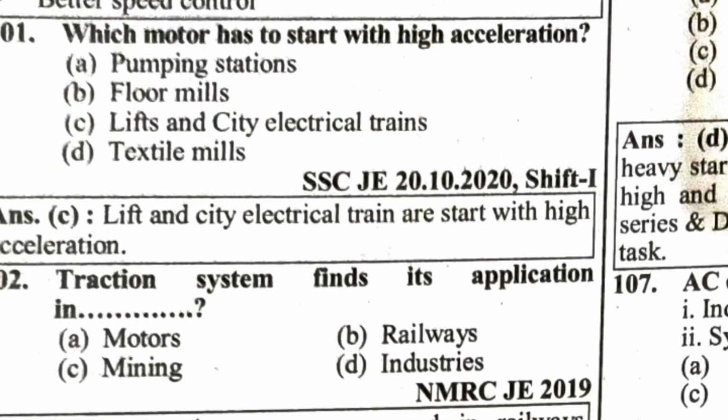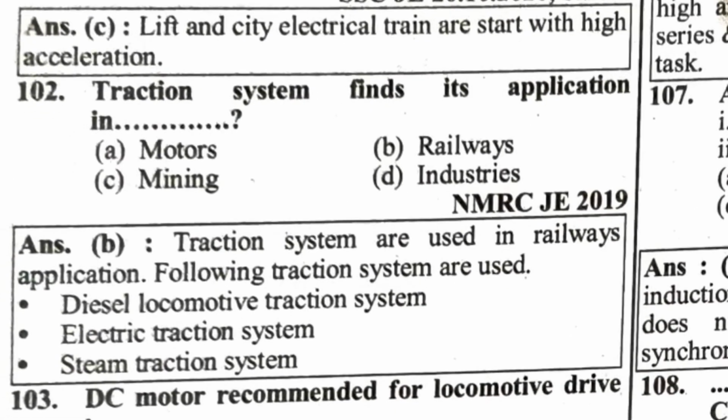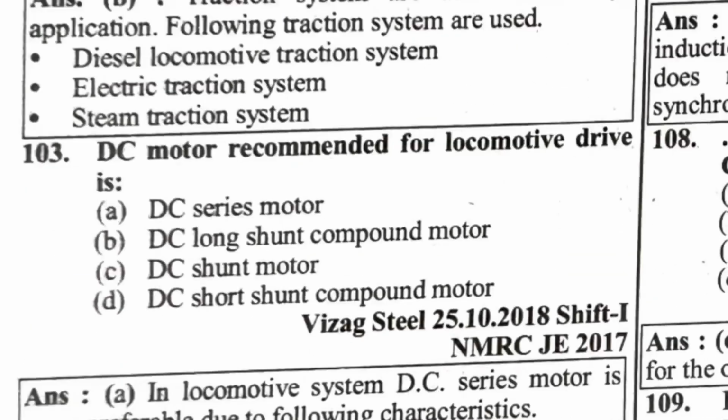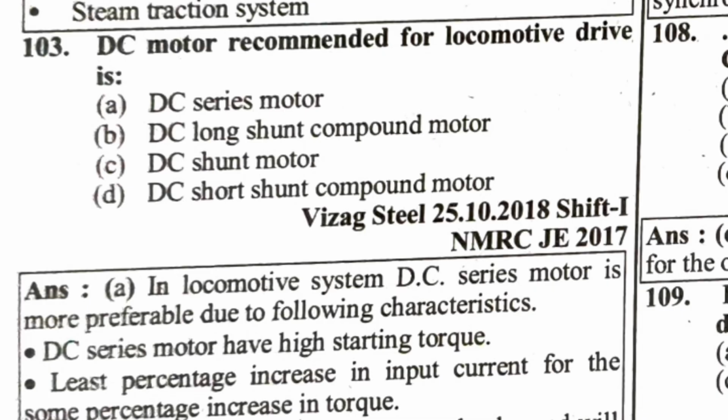Which motor has to start with high acceleration, lift and city electrical train? Traction system finds its application in railway. The DC motor recommended for locomotive drive is DC series motor.